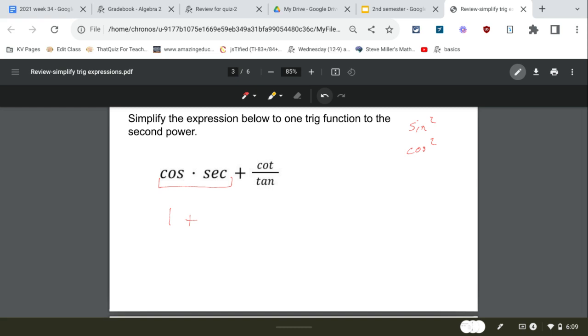The cotangent over tangent part, you could set up like this, cosine over sine divided by sine over cosine, and you could do keep, change, flip to kind of see how that plays out. What I'm going to do is take this tangent and put it back up into the numerator.